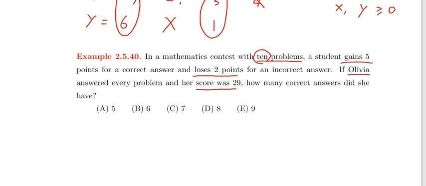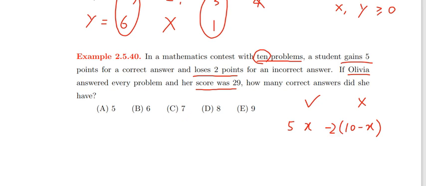So suppose she answered X problems correctly, then incorrect should be 10 minus X, right? So how many points? Correct answers give 5 points, but incorrect answers need minus 2.